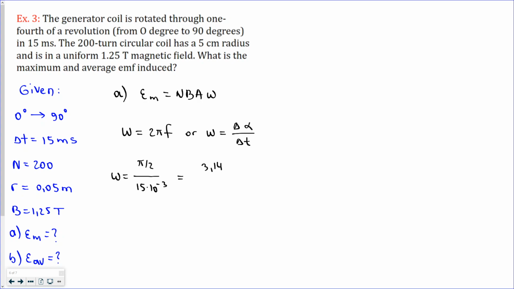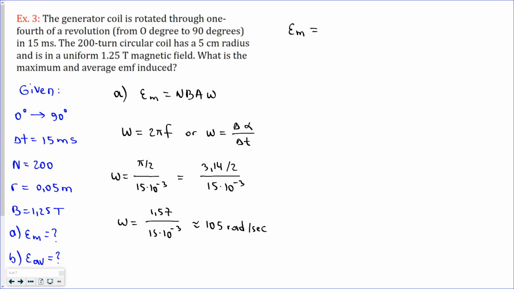So pi over 2 divided by 15 times 10 to the minus 3, which is approximately 105 radians per second.